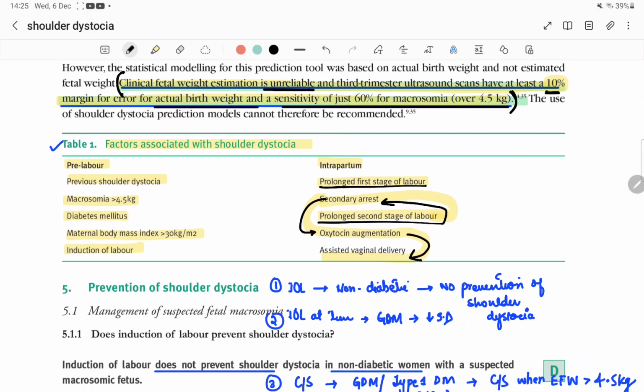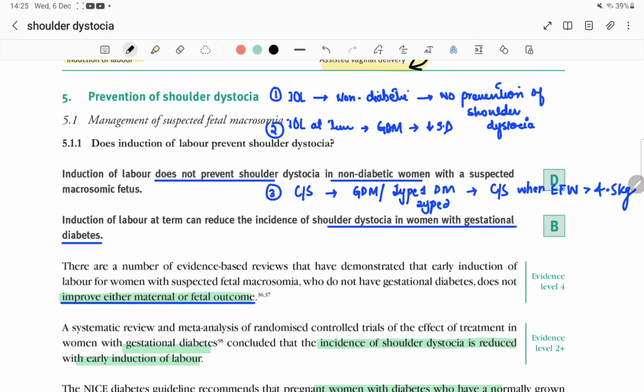Okay. So here are the few points I want to talk about the management of suspected fetal macrosomia. So induction of labor, these are very important for your MCQ. If the woman is non-diabetic, if you do induction of labor for them, it is not a prevention of shoulder dystocia. But if you do induction of labor for a patient with GDM, it decreases the risk of shoulder dystocia.